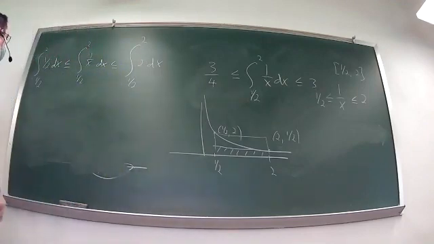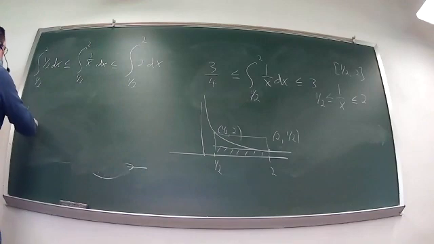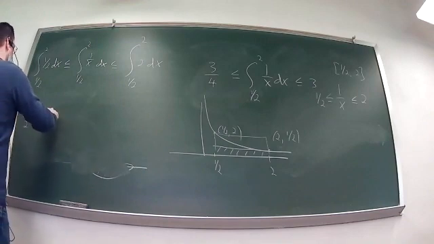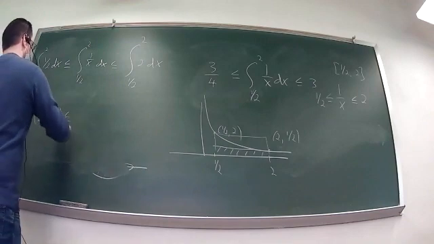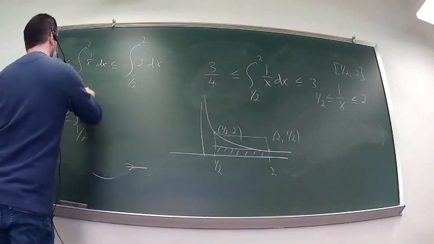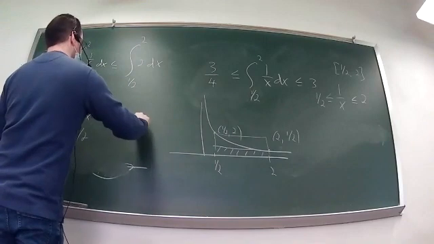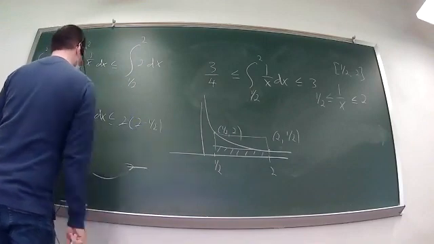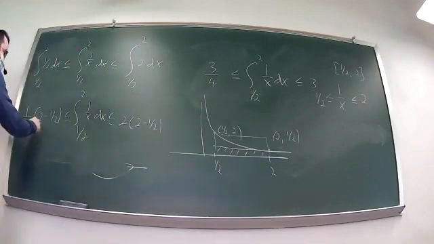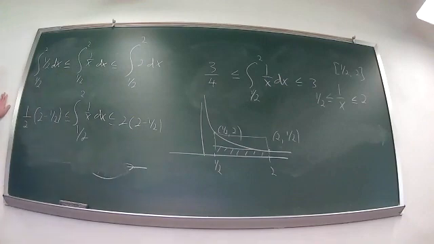The integral of 1/2 is just base times height. It's 1/2 times 2 minus 1/2. And the upper bound is less than or equal to 2 times 2 minus 1/2. So 2 minus 1/2 is 3/2.